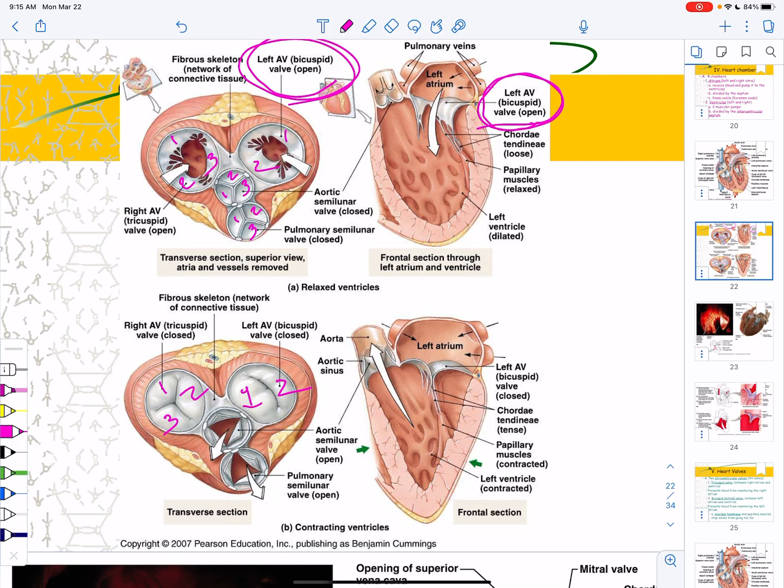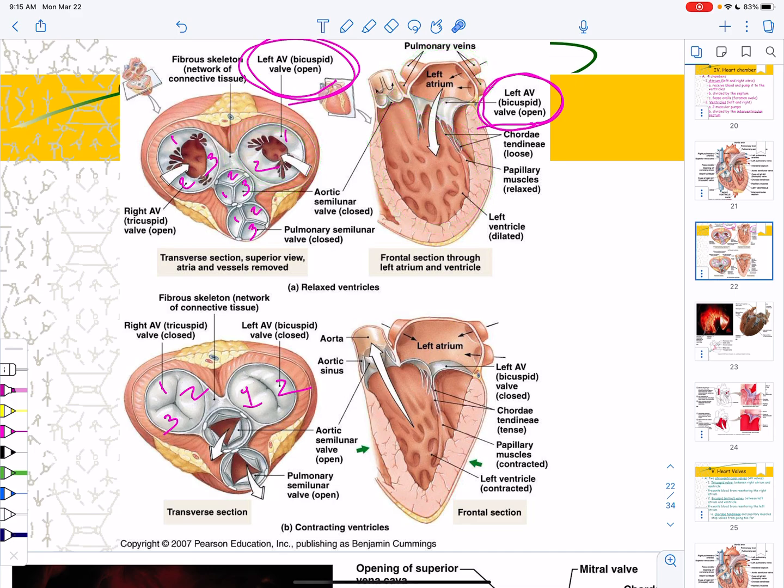Now, there's a difference between the valves that I'm going to get to in just one second, but what I want to make you aware of is that, again, we have the left bicuspid valve in the left side of the heart in between the atrium and the ventricle.